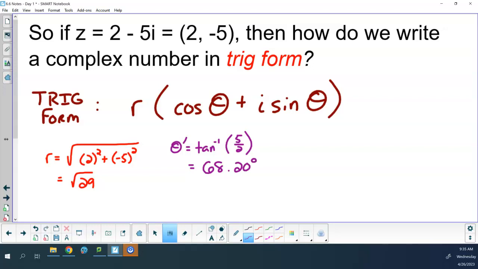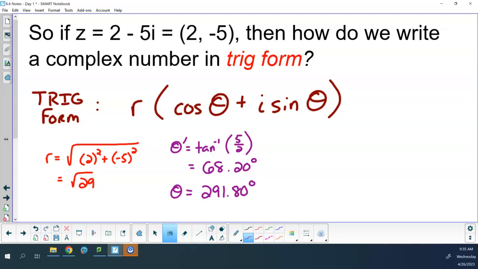Which quadrant is this complex number in? It's in quadrant 4. So we take 360 and we subtract off that answer. So actual theta is 291.80 degrees. Yes?